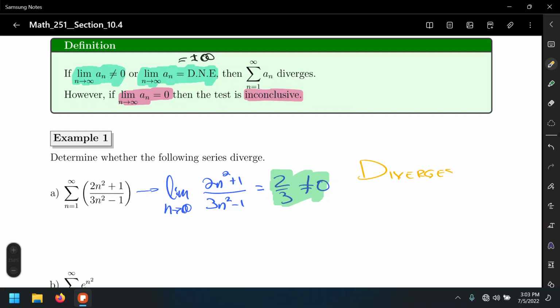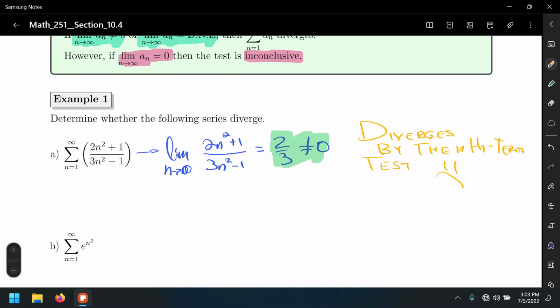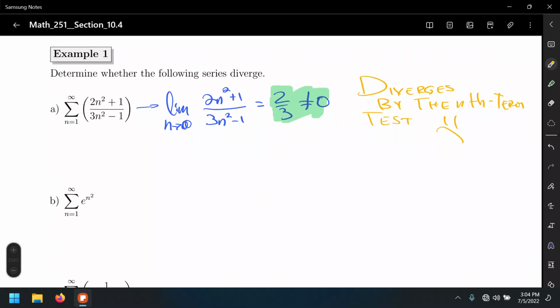Diverges by the nth term test. So it diverges, and in this case we need to specify which test we are using. Even though we are in the section concerning this test, later, like on the exam, we need to specify the test.